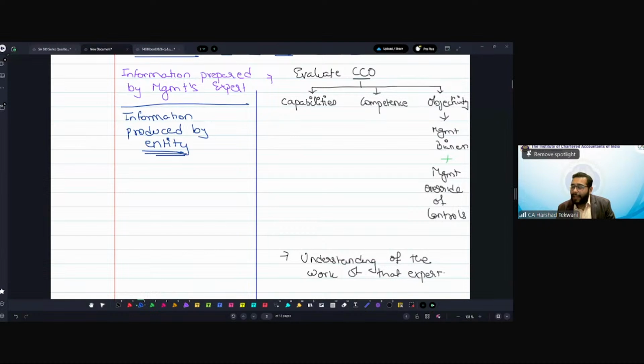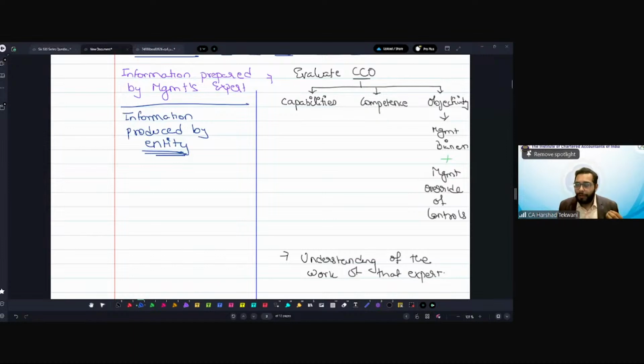Okay, it can be a manually prepared report, but it is something where information was gathered and some activity has been performed on that information. That information was obtained by the management, and it has been prepared or combined in such a way that it is like converting data into information.